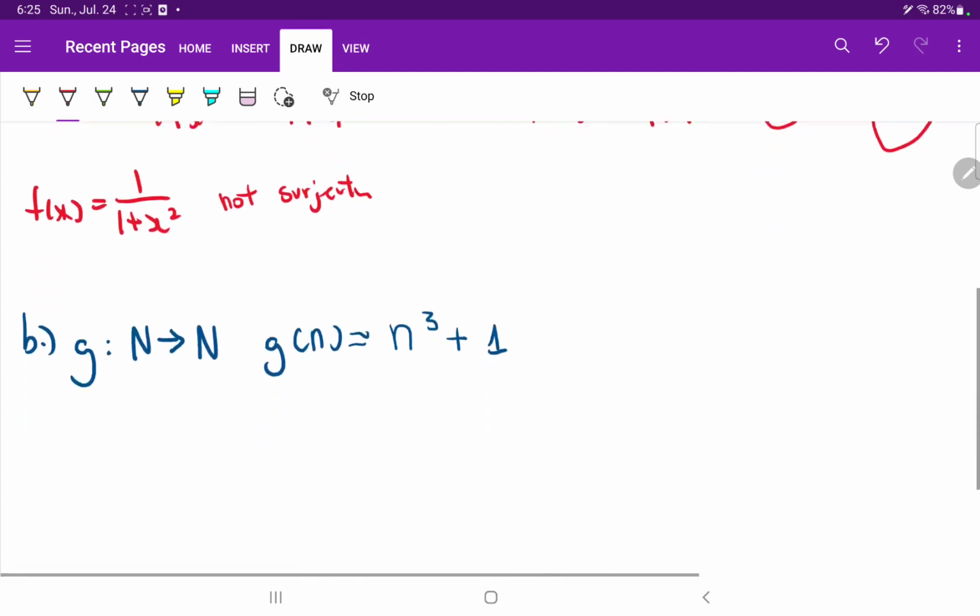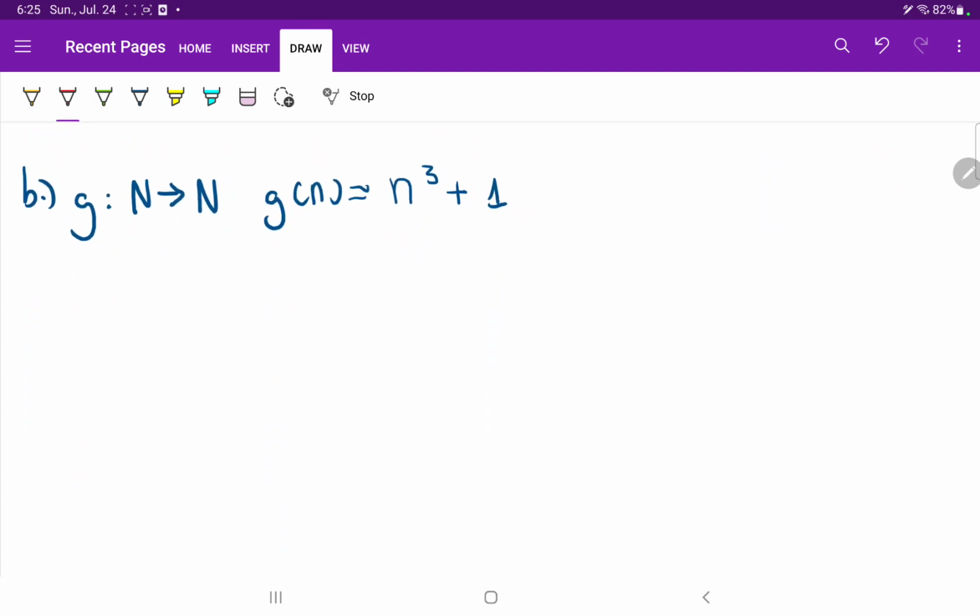What about the next case? In the next case, our function g has a domain of natural numbers and a codomain of natural numbers, and our function is g(n) equals n cubed plus 1. So is this surjective? Well, this is not surjective, because say, what's the smallest natural number?